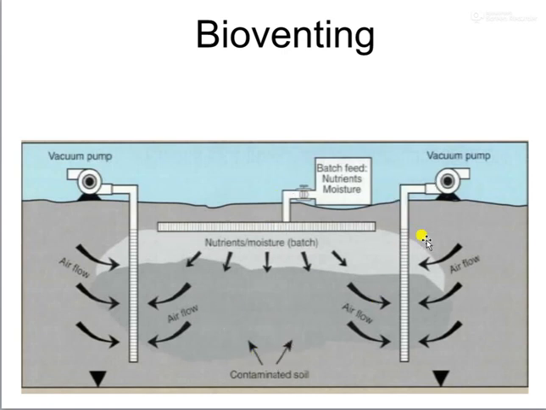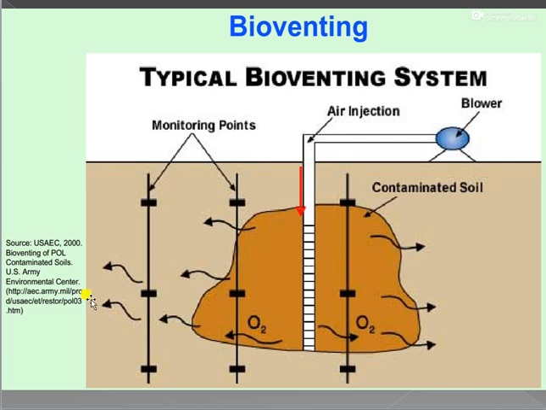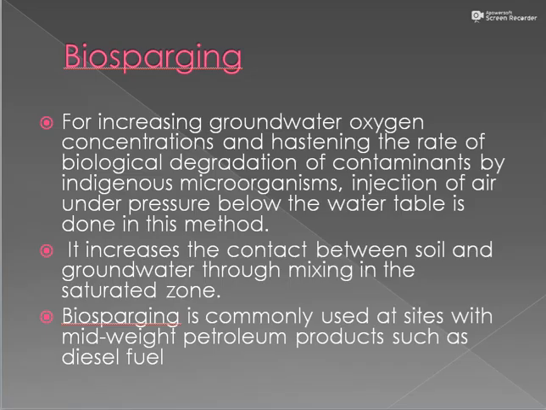When you add air and nutrients, the organisms already present in this environment will degrade the organic pollutants present in this contaminated site. This is a case of bioventing. This is another explanation of the same thing, which I just included as a figure for your reference. Hope that is clear, and let's move to the next one called biosparging.